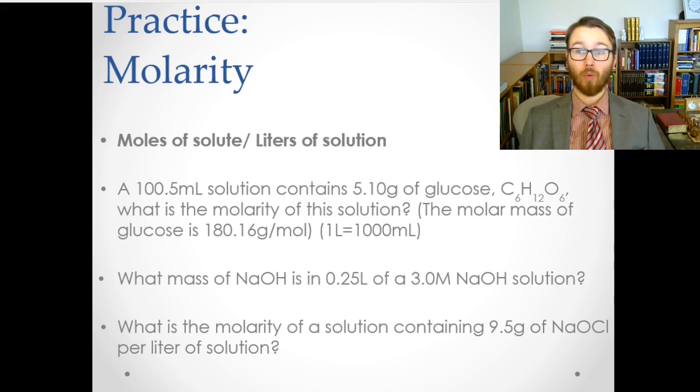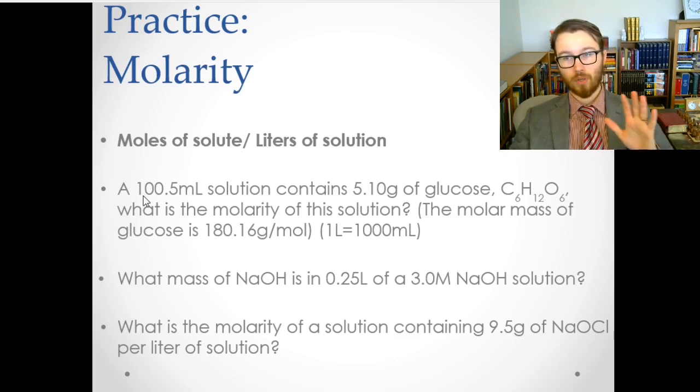Well, it's important to know that 1 liter is 1,000 milliliters. So here, our 100.5 milliliters would be 0.1005 liters. So you'll take your grams divided by your molar mass to get moles. Then you'll take moles divided by 0.1005 liters. All right, that's number 1.